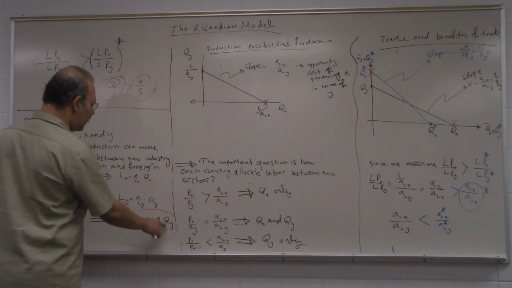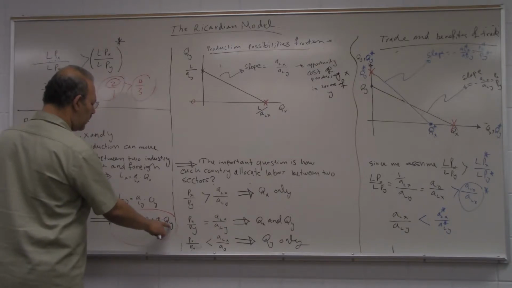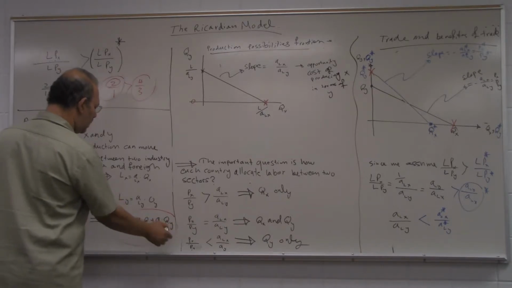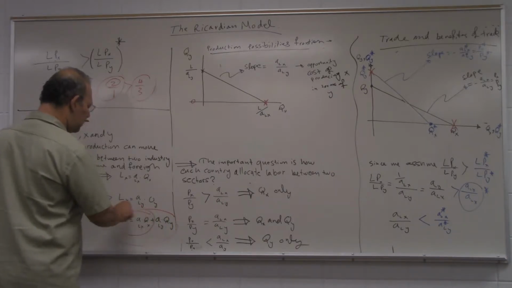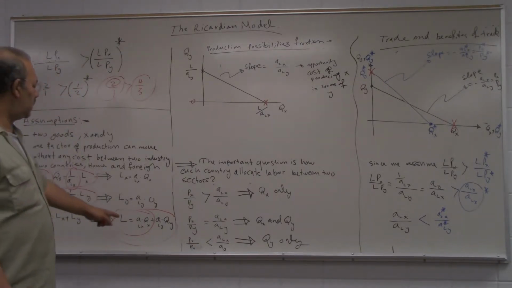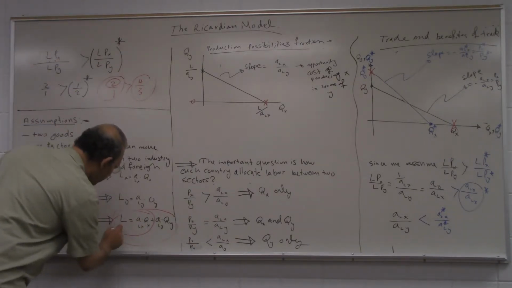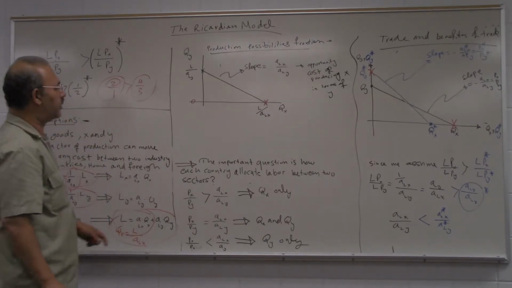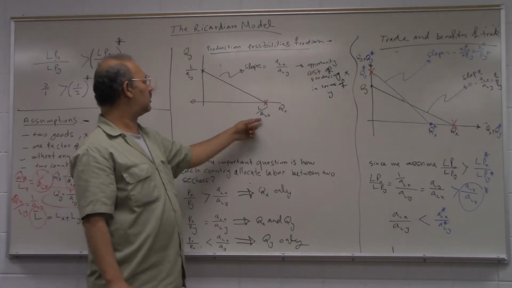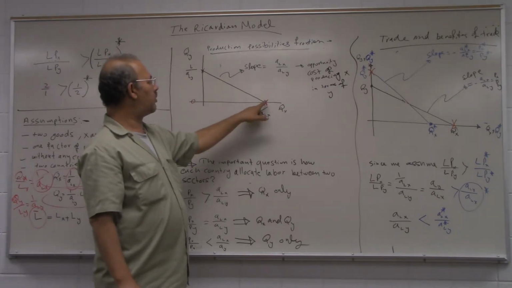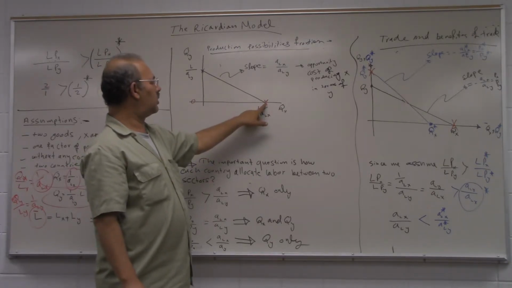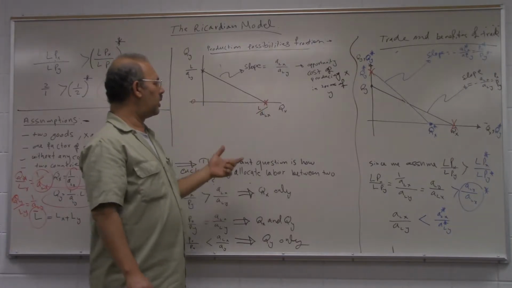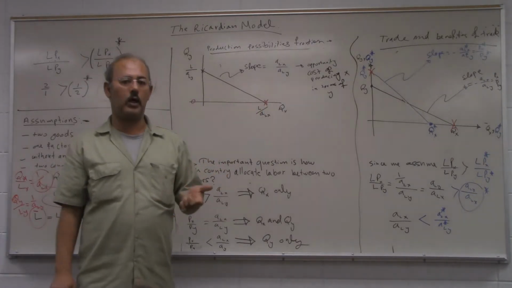We measure this quantity of Y from good Y is 0. Therefore, we are left with just this equation, and if we derive Qx in this case it is equal to L, and this point does mean the country is just producing the good X and nothing from the good Y.